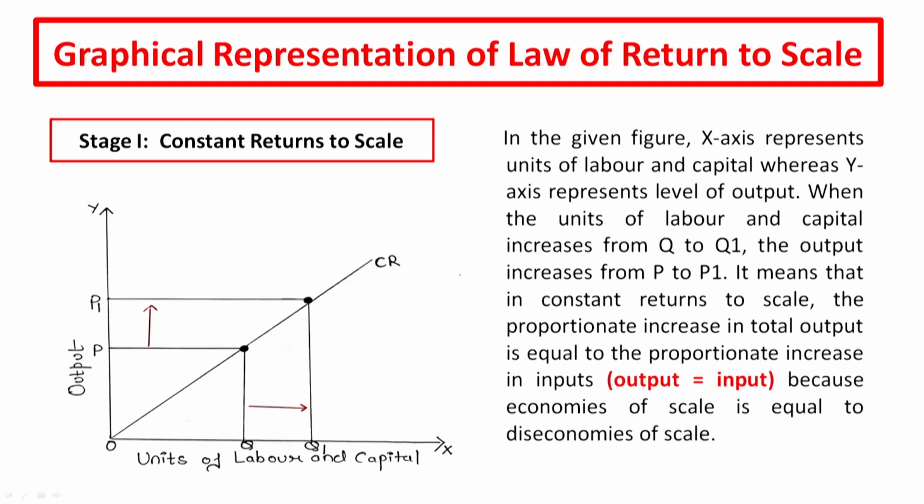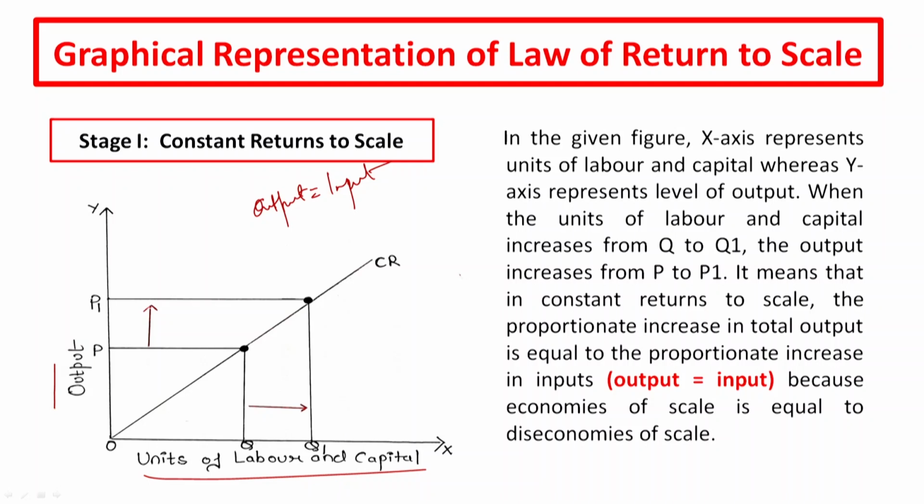Then constant return to scale. Again, constant return to scale, as I already told you, your output is equal to your input. That means simultaneously the same proportionate change between the input and the output. Again, on the x axis you are showing the units of labor and capital, that is the independent variable. On the y axis you are showing the output, that is the dependent variable.